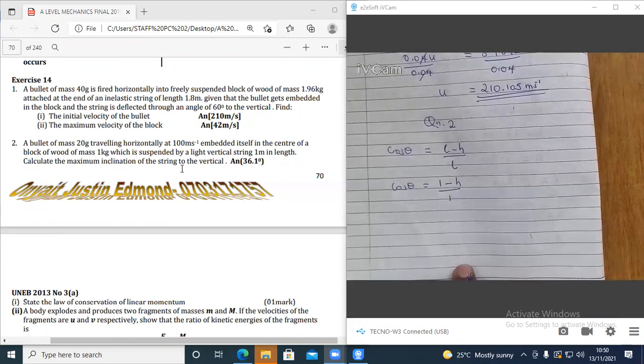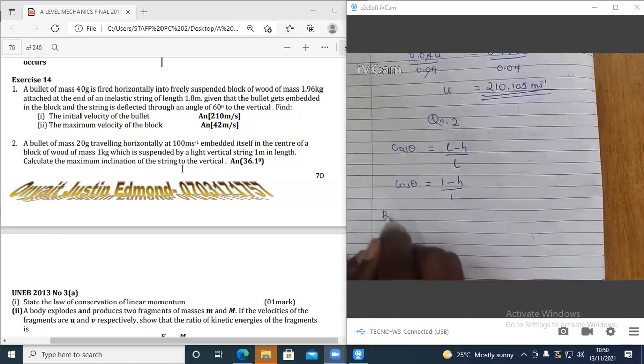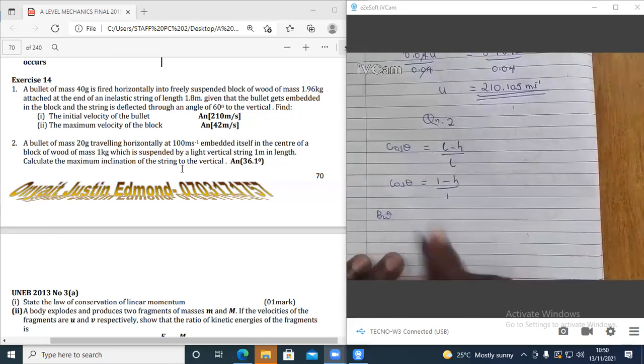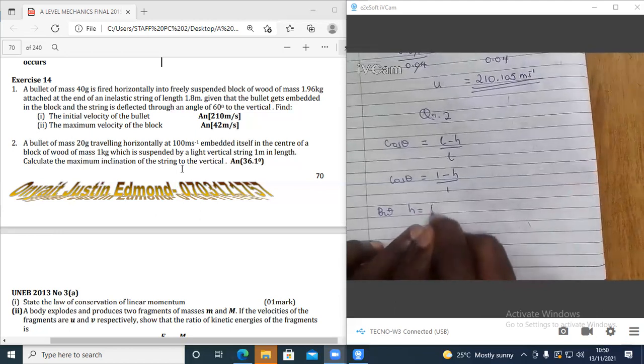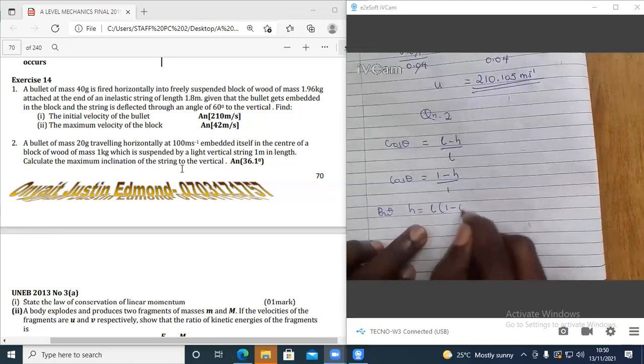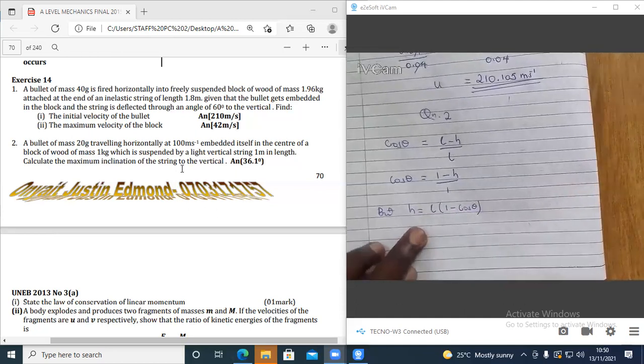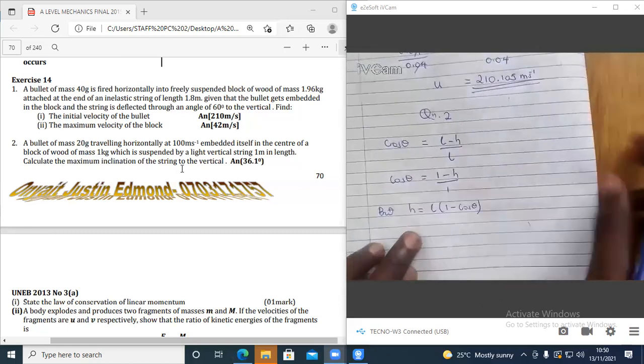But we said h is given by L into 1 minus cos theta. You can just play around with that formula. Put it back here.